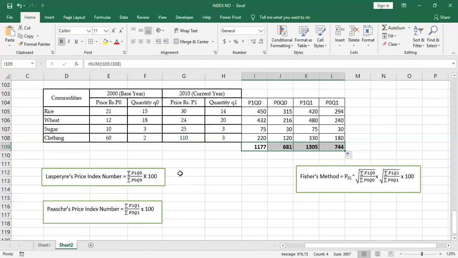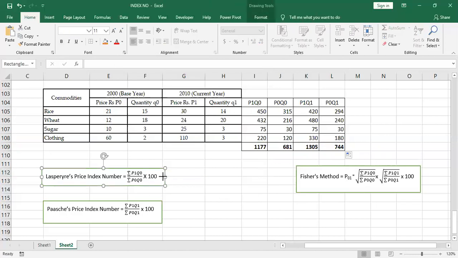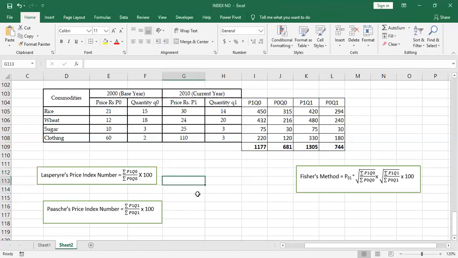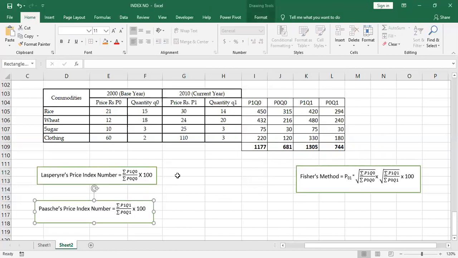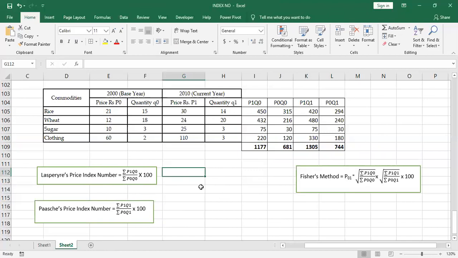Now we have to just apply the formula. How will we apply it? First we have to apply Laspeyres. Laspeyres is P1 Q naught divided by P naught Q naught.